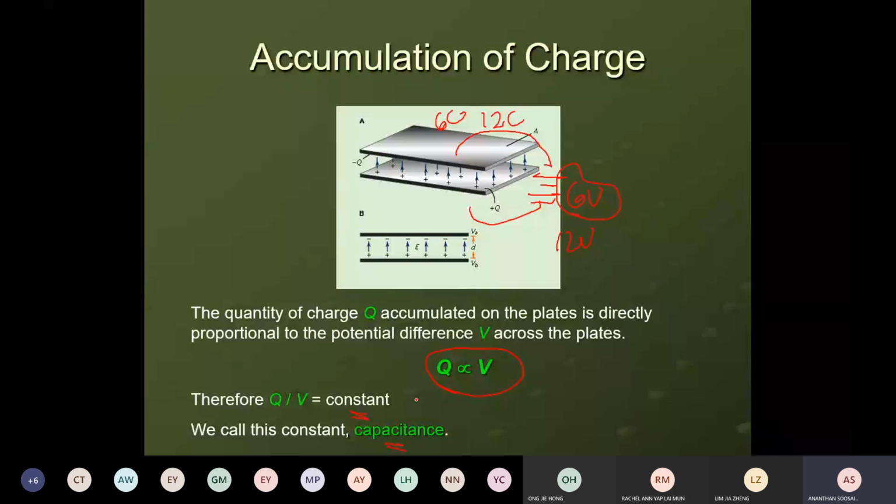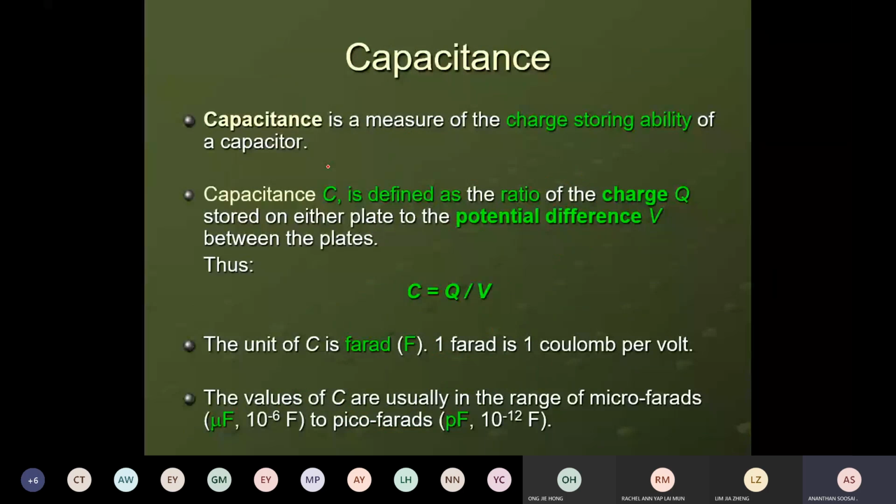What is meant by capacitance? That's the definition. Capacitance measures the charge storing ability, how much the capacitor can store. The bigger the capacitance, the bigger the capability to store charge. This is the important term to remember.